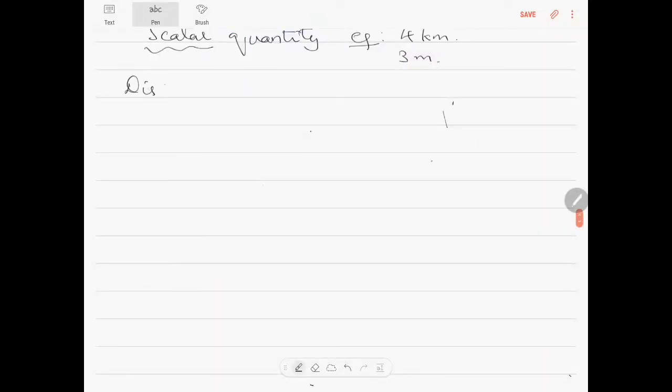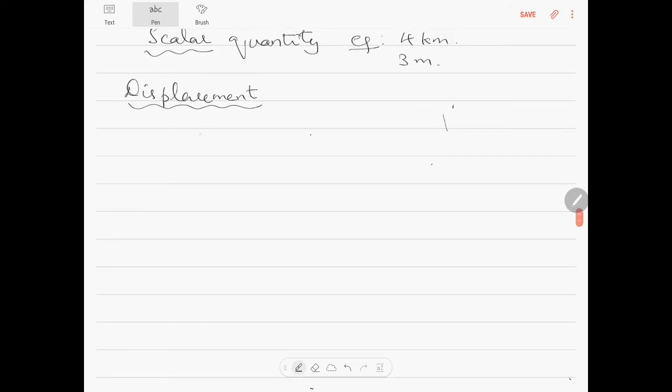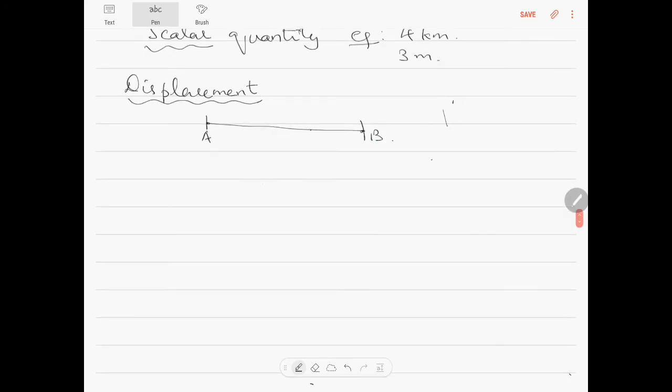Now let's look into displacement. When a body moves from position A to position B, displacement is its shortest distance from the initial position to the final position.